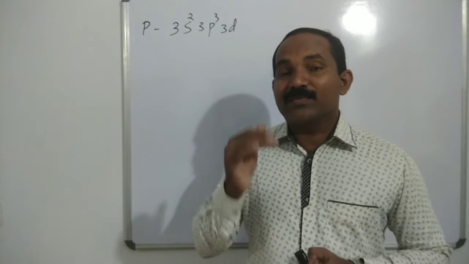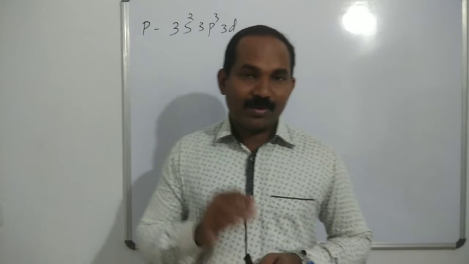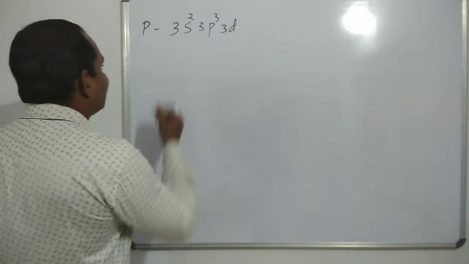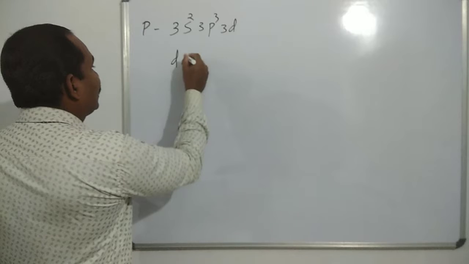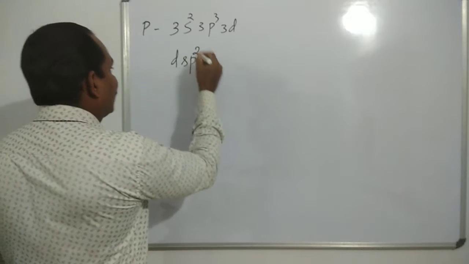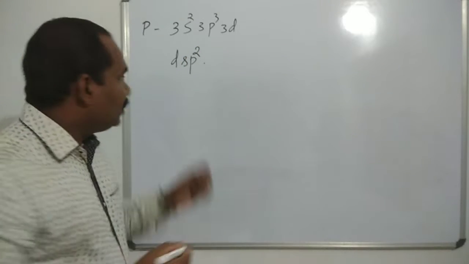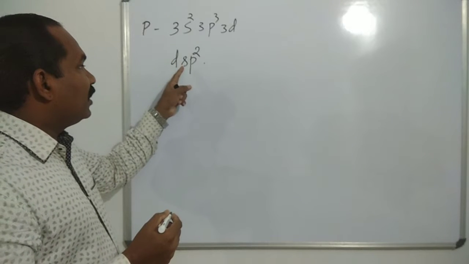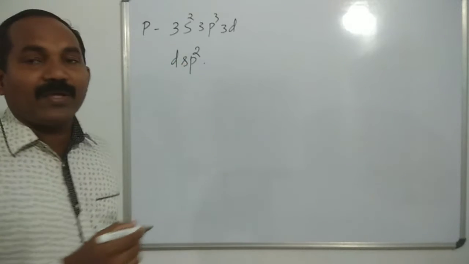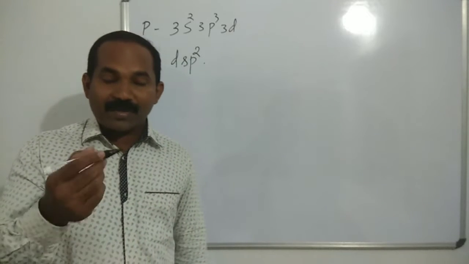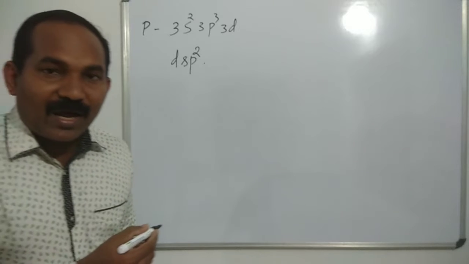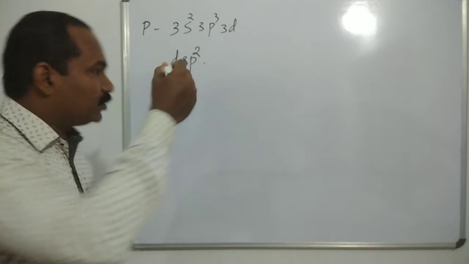Let's discuss some examples. The first one is dsp2 hybridization. In this case, the 3d orbital, the 4s orbital and 4p orbitals are involved in hybridization.